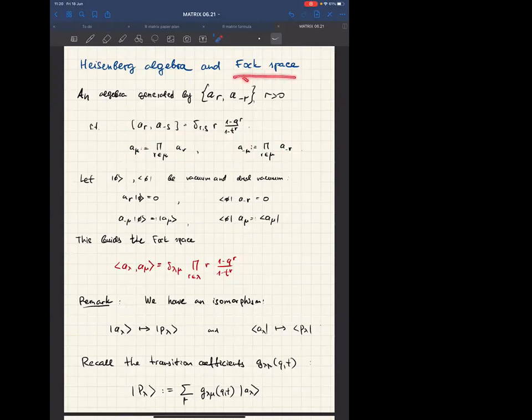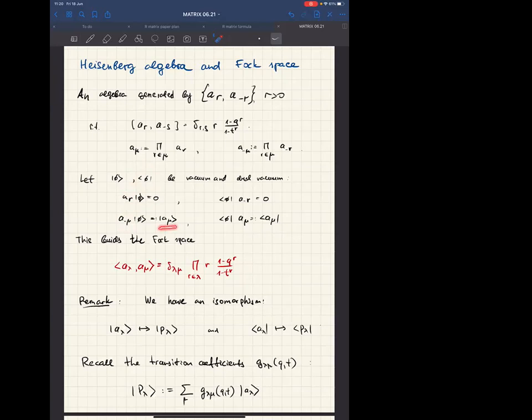Now the Fock space. The Fock space is defined by the vacuum vector here, and the dual Fock space is defined by the dual vacuum vector. These two vectors have the following properties. The vacuum vector has to be annihilated by the positive modes, and the negative modes are used to create new vectors, which are denoted like this.